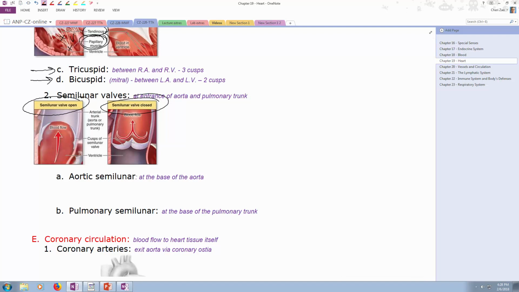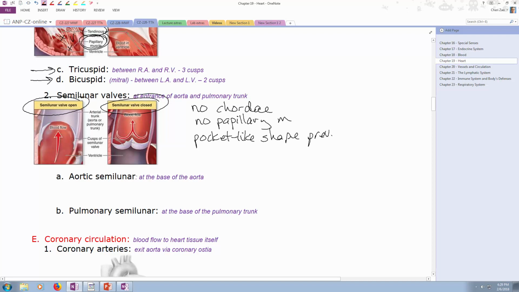They have no chordae tendineae, and we have no papillary muscles, and we have a pocket-like shape. That prevents backflow or regurgitation again.